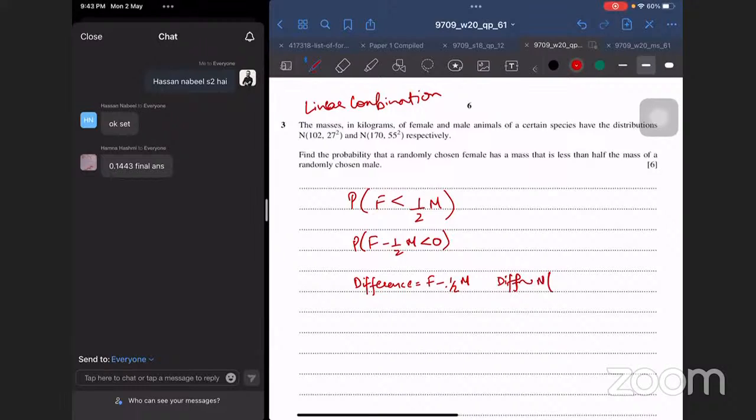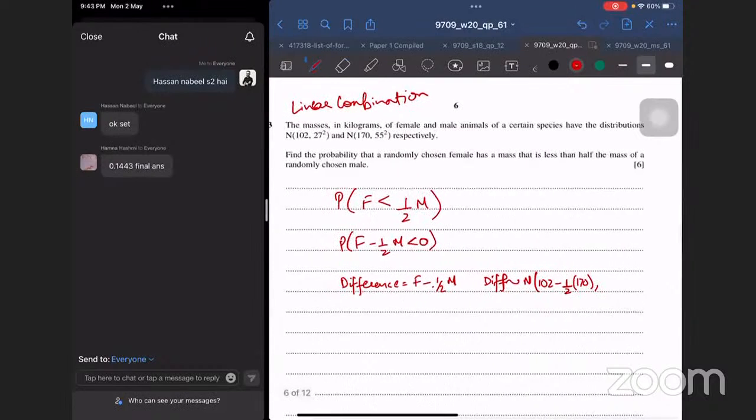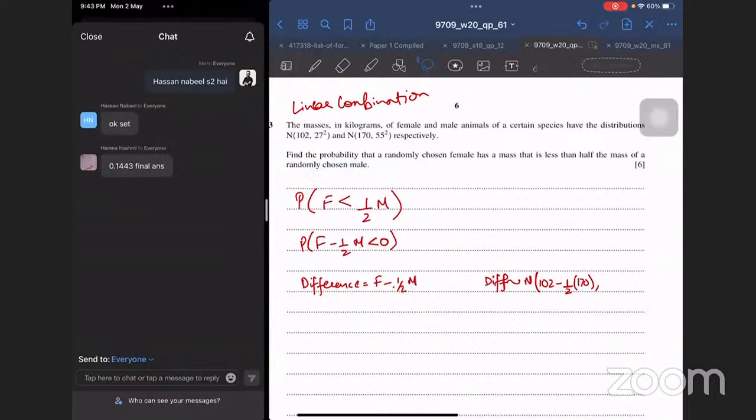F is 102 minus half of 170, comma, then 27 squared plus half squared of 55 squared.